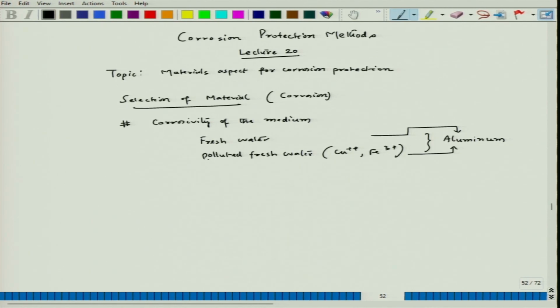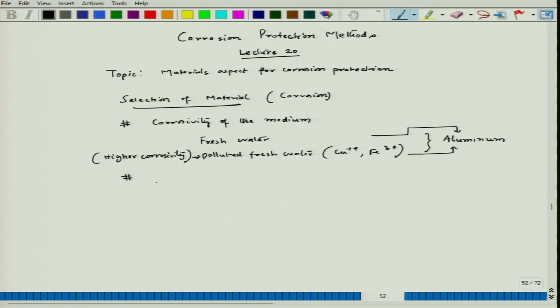So, I can say polluted fresh water has higher corrosivity, and fresh water would have lower corrosivity if we compare the corrosivity of these two media on aluminum. So, that indicates the corrosivity of the medium.